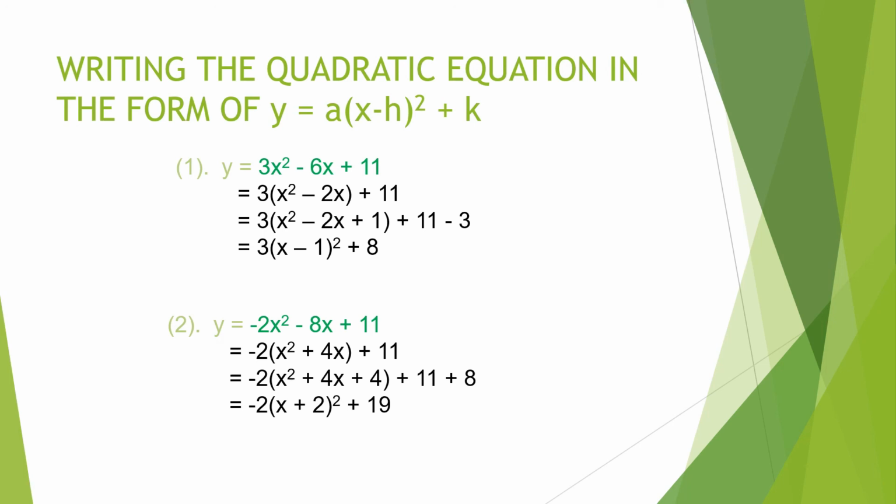Then, it becomes negative 2 times the quantity of x squared plus 4x plus 4, plus 11 plus 8. So the vertex form of the quadratic function is y equals negative 2 times the quantity of x plus 2 raised to second power plus 19.